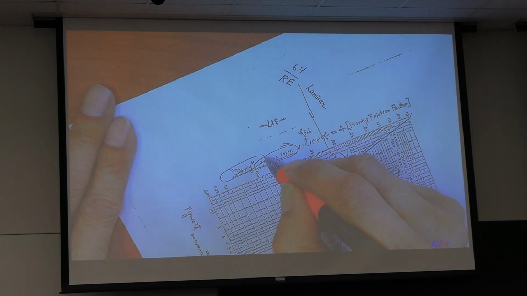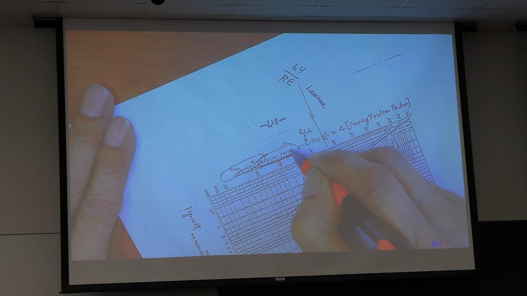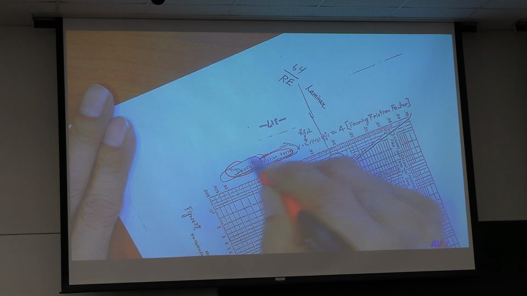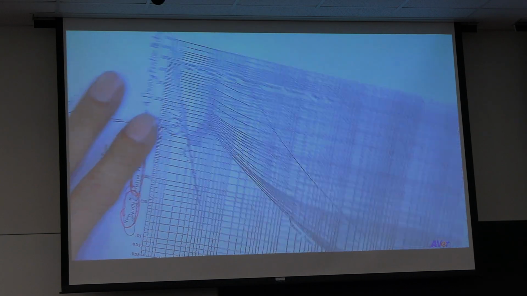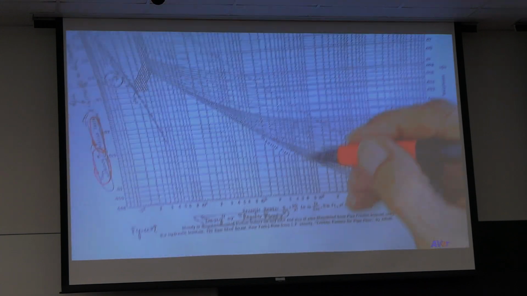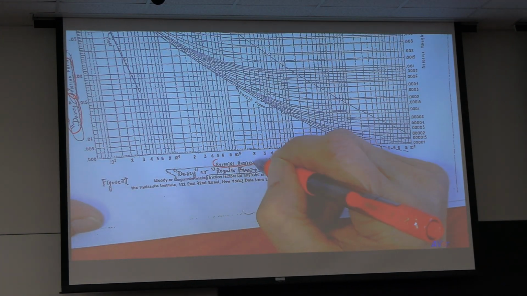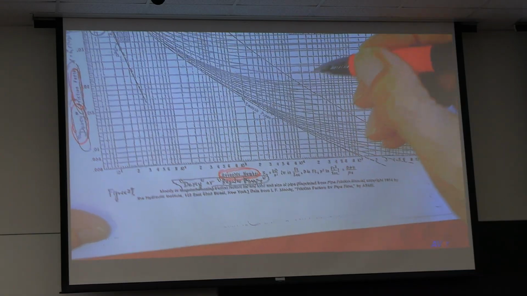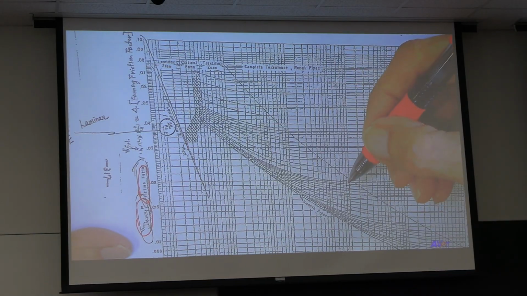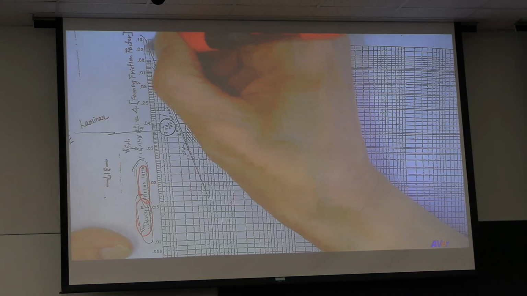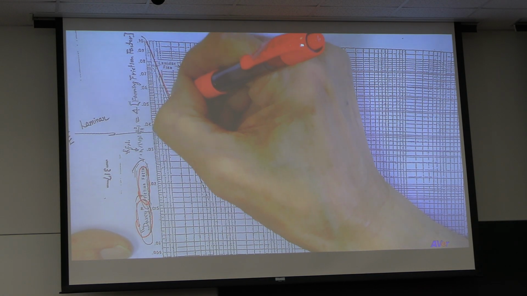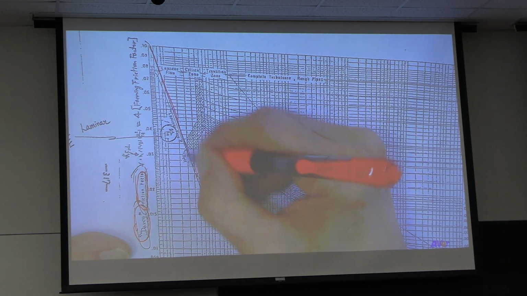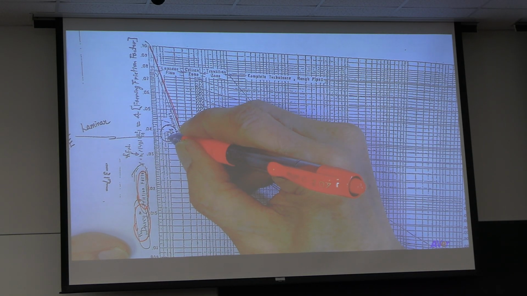Friction factor, Darcy friction factor versus Reynolds number. For laminar flow, it is 64 divided by Reynolds number.